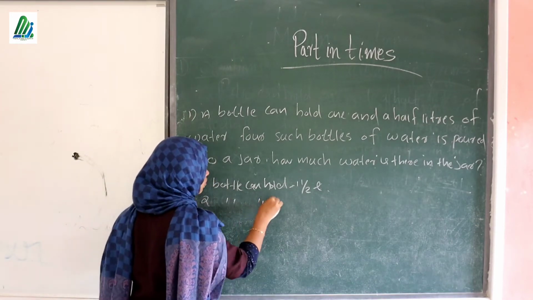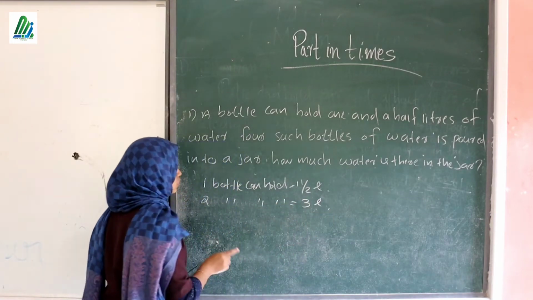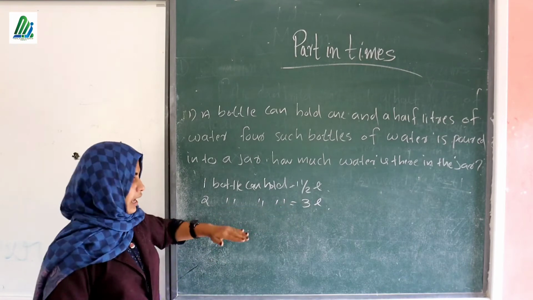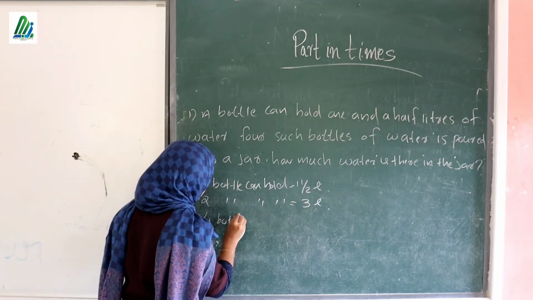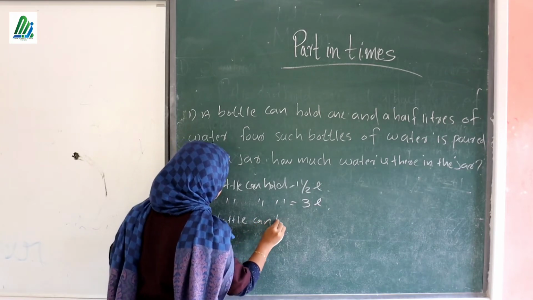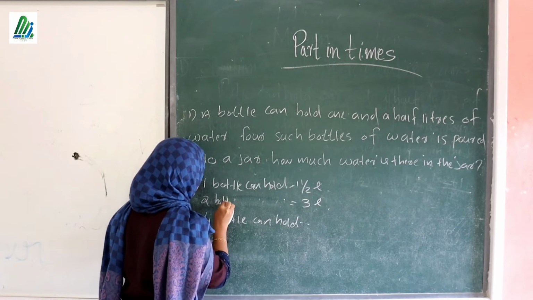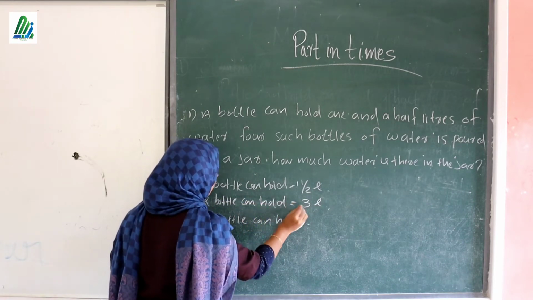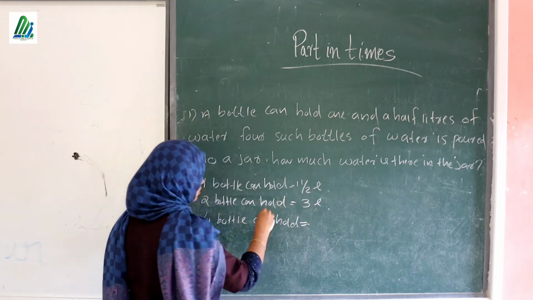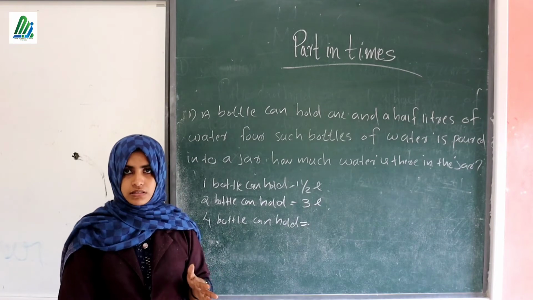Then 2 bottles can hold 3 liters. Two bottles can hold 3 liters, and 4 bottles can hold 6 liters.